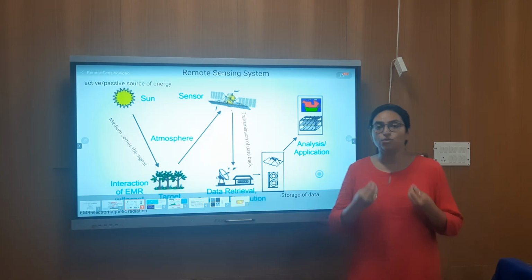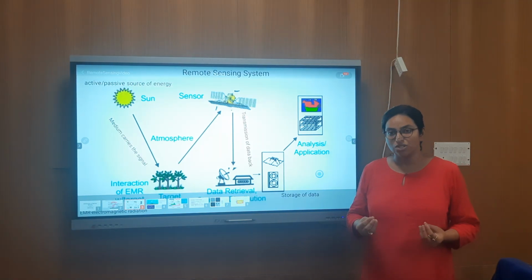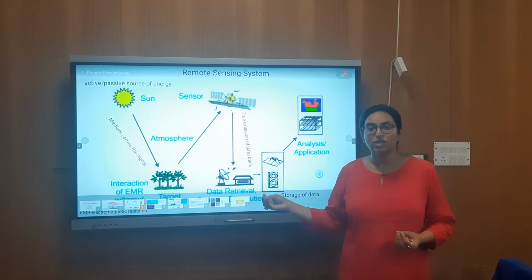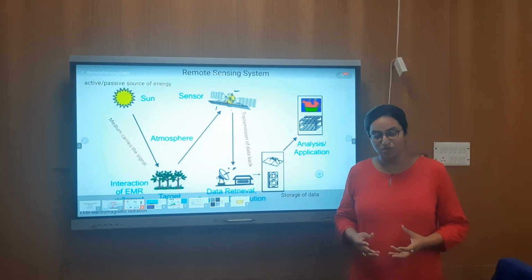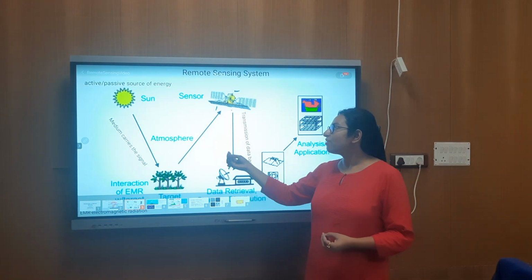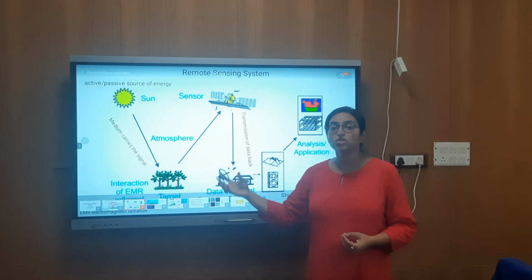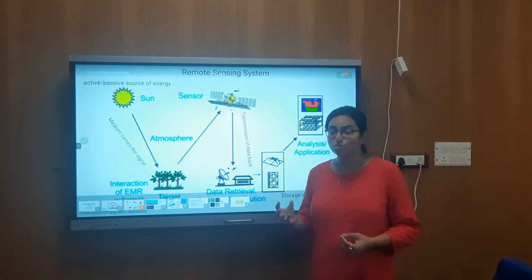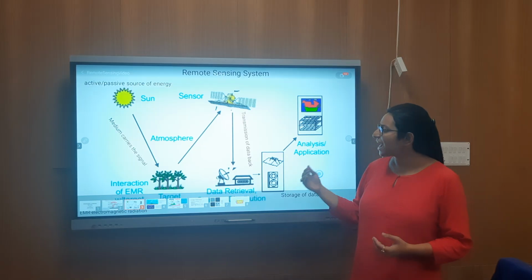So when we, the human beings, design a particular source and send the signal through that source, we call that kind of remote sensing active remote sensing. And because the sun is always present, it is a passive source, and the remote sensing we do using the sun's energy is called passive remote sensing.